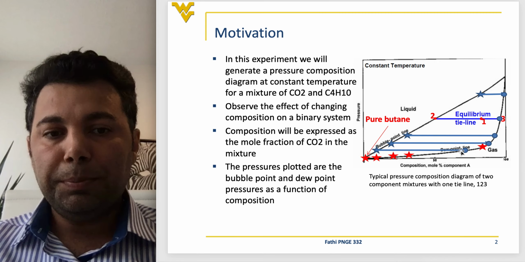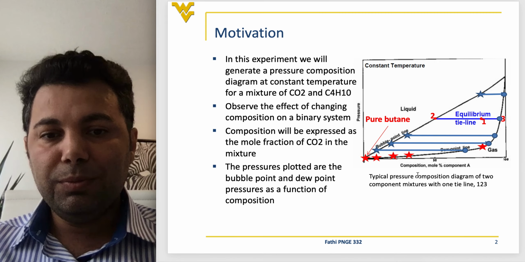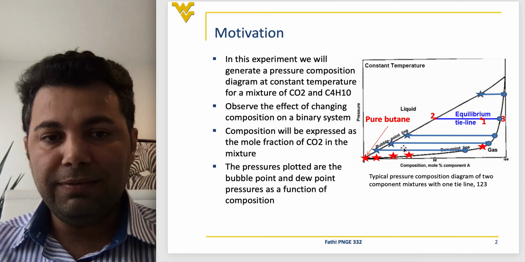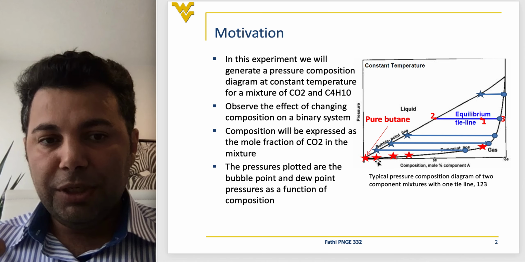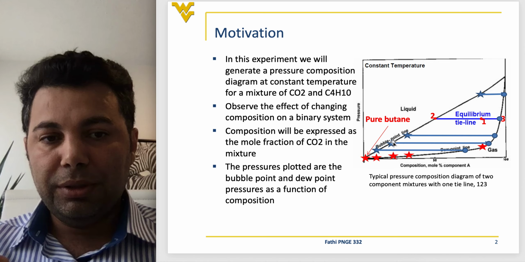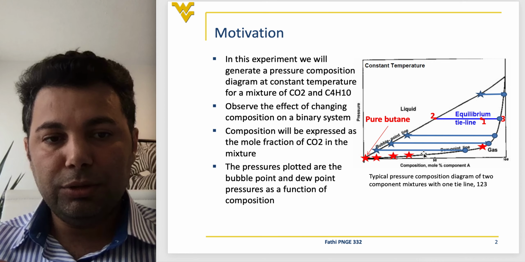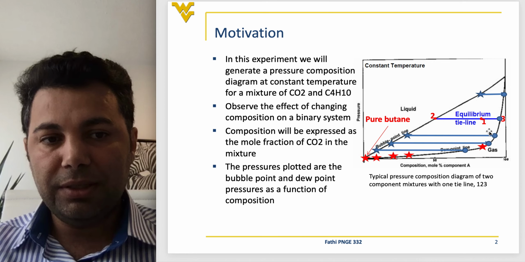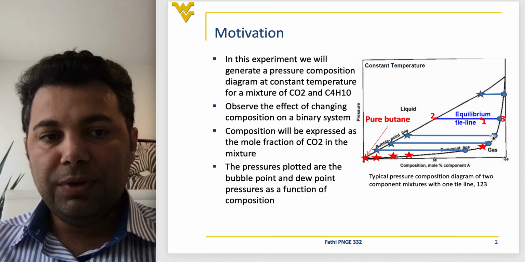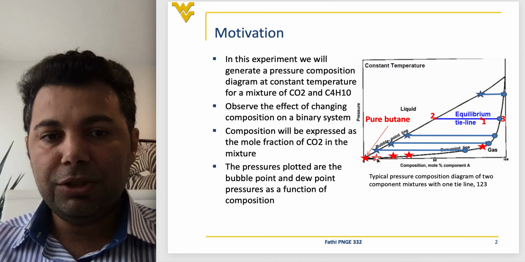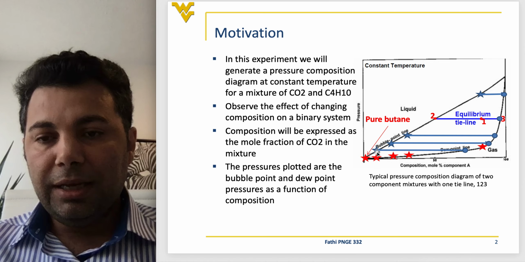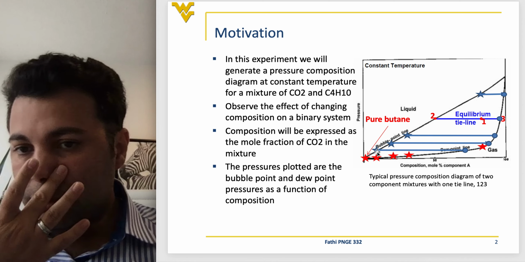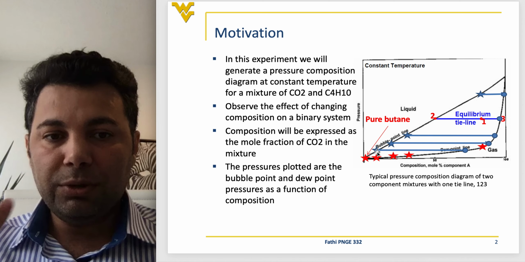So one more time. Generally, to find this phase envelope, for every mixture, we find the bubble point and dew point, and then connecting the bubble point line and the dew point line, we get the phase envelope. However, since finding the dew points is difficult, I'm going to use the definition of the tie line. For every mixture, I find the bubble point, and right at the bubble point, I run the gas chromatograph.